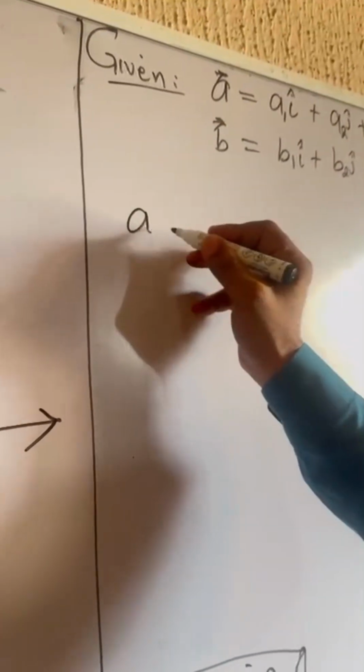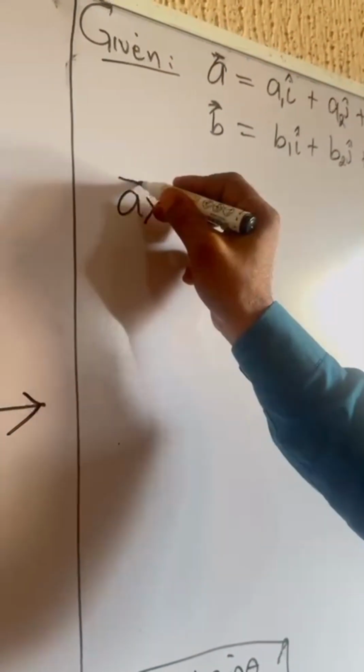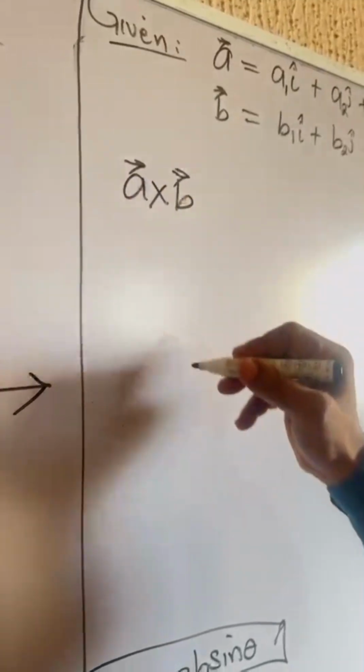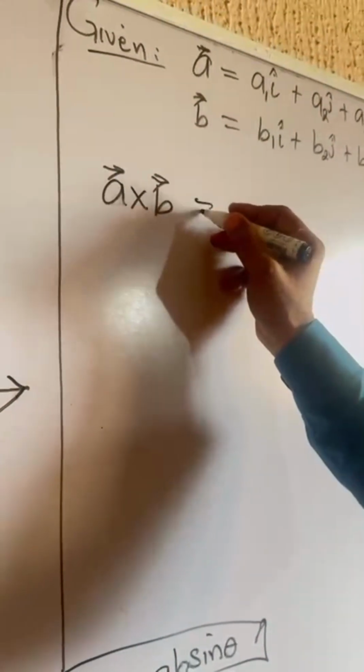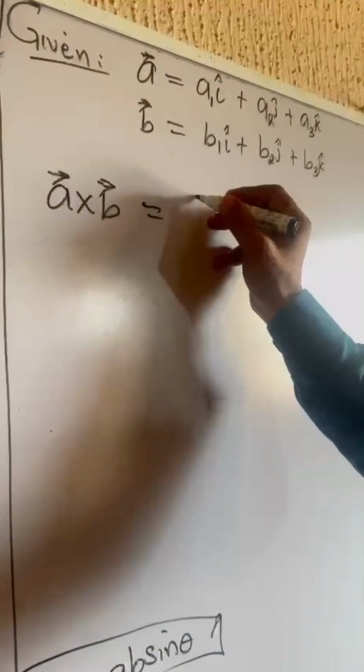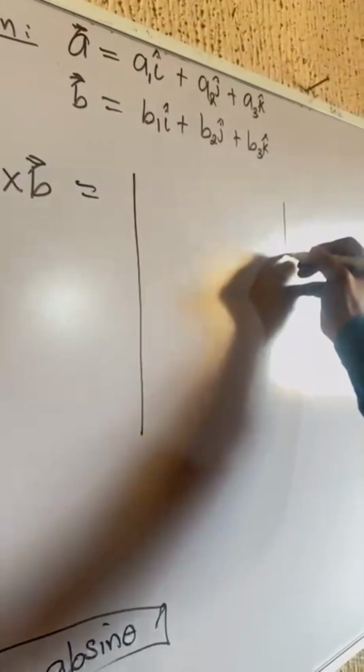Now for the product of the 2 vectors, A cross B, we are going to use a determinant.